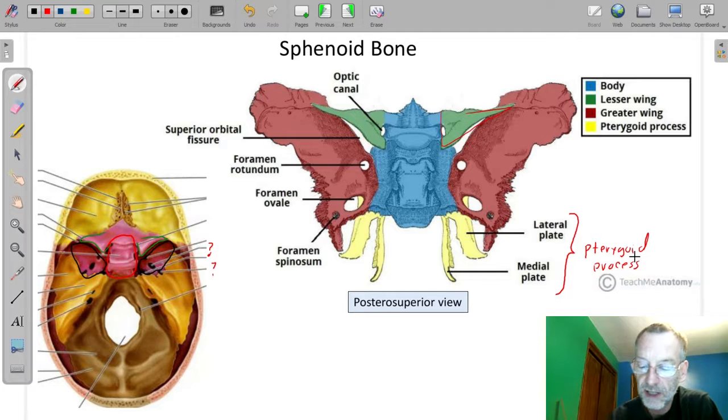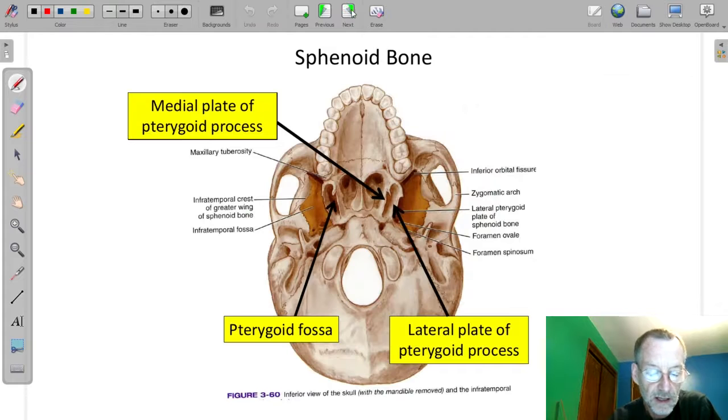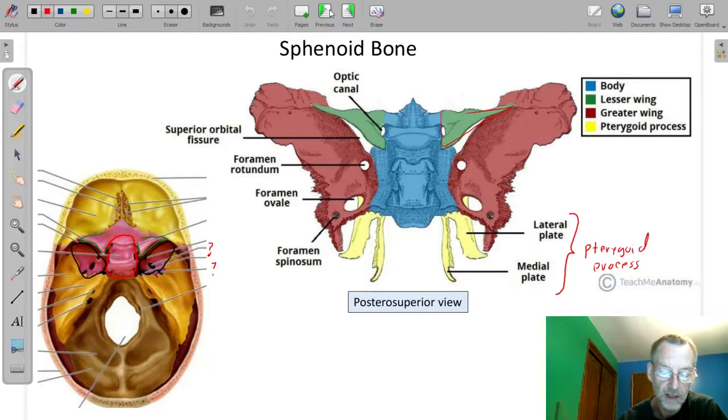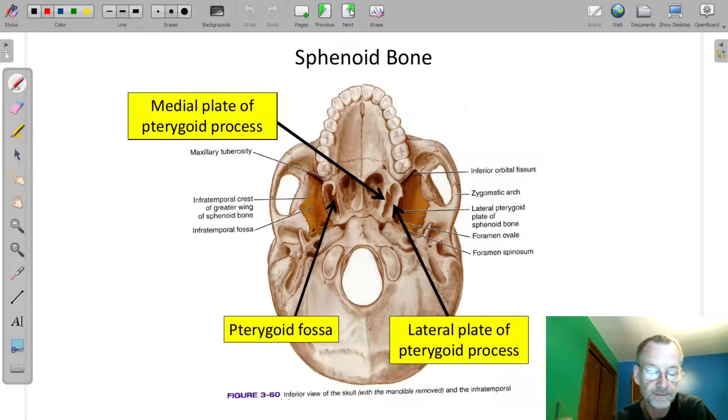Okay, that's enough of that slide. Backing up, these different foramina we will come back to. And there is your SOF again. Next slide.